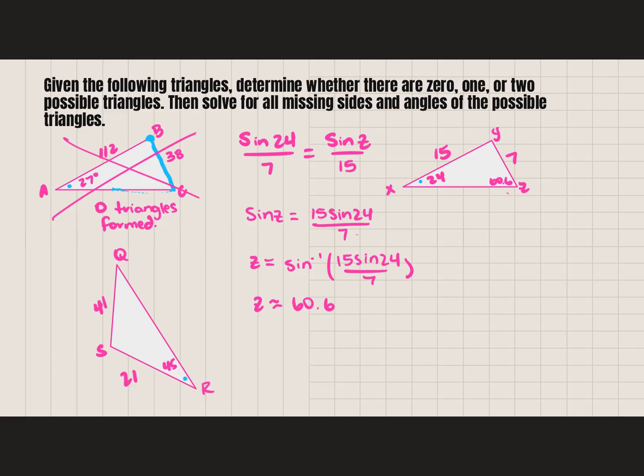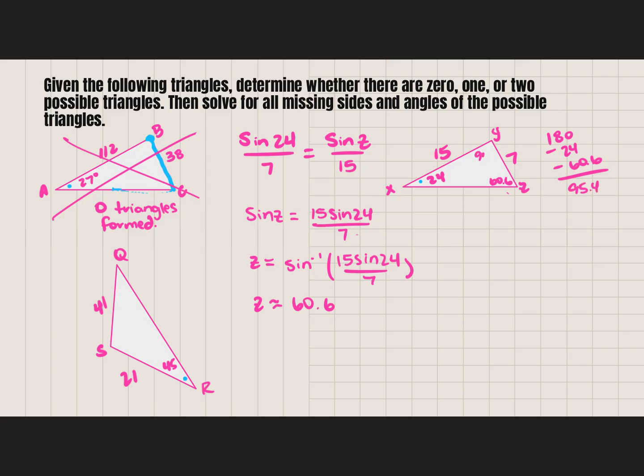So I could find angle Y by summing my angles and subtracting from 180. So if I take my 180, subtract off my two angles, I would get 95.4 degrees.